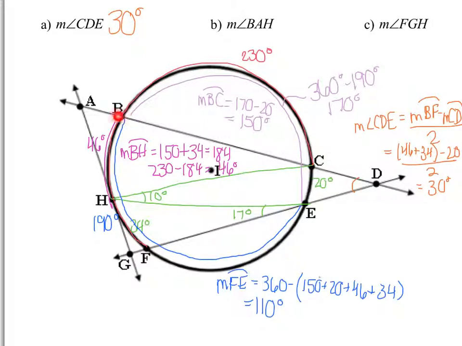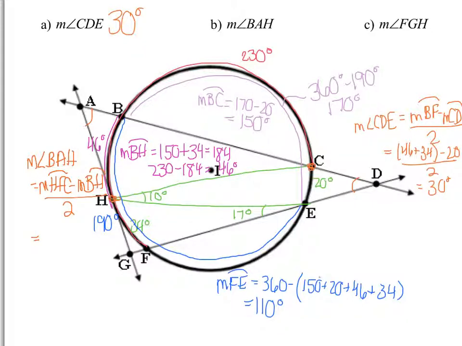Next, we need to find BAH. I'm going to do the same process. It's going to be this arc minus this arc. So the measure of angle BAH is the measure of arc HFC minus the measure of arc BH, divided by 2.